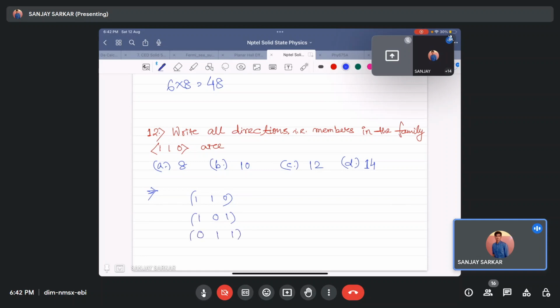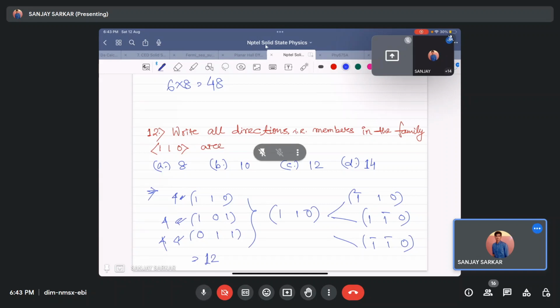Now take the bars. Let's say for this combination 1 1 0, you can have 1 bar 1 0, 1 1 bar 0 and 1 bar 1 bar 0. So for each of them you will have 4, and total there will be 12 combinations. So the correct answer should be 12.